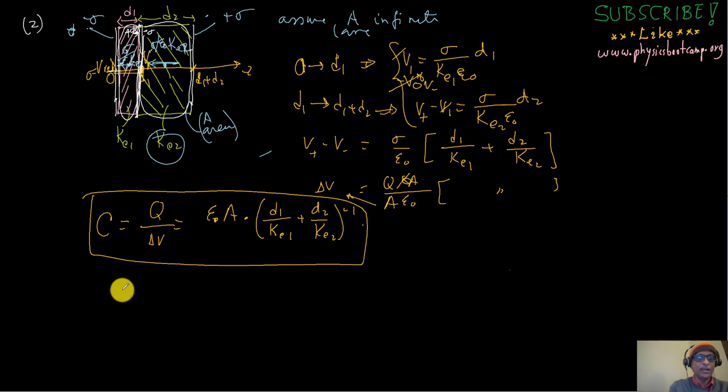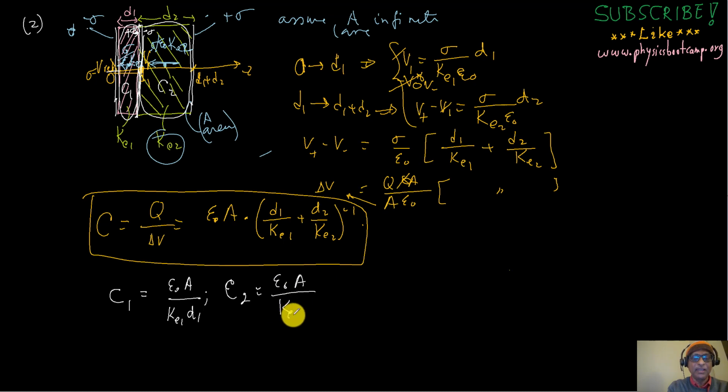So you have a C, let's call it C1, and let's call it C2. C1 is going to be from before epsilon naught A over KE1 D1, and C2 will be epsilon naught A over KE2 D2.